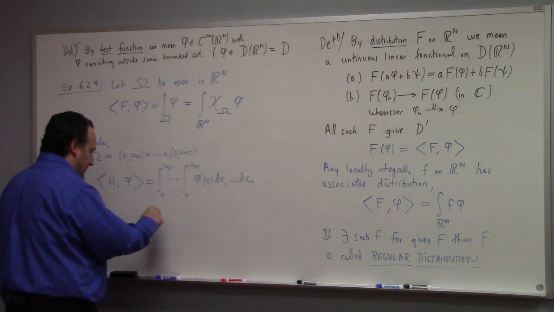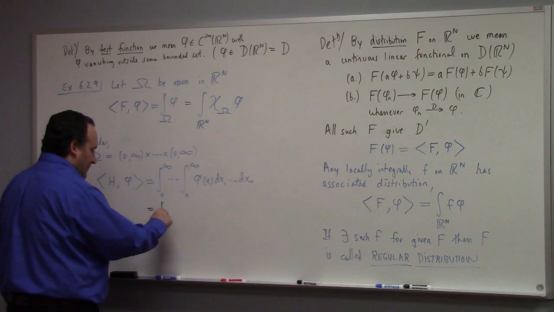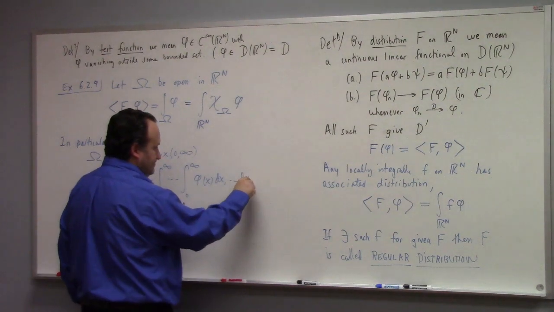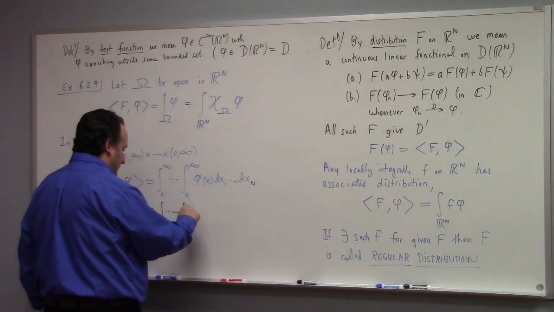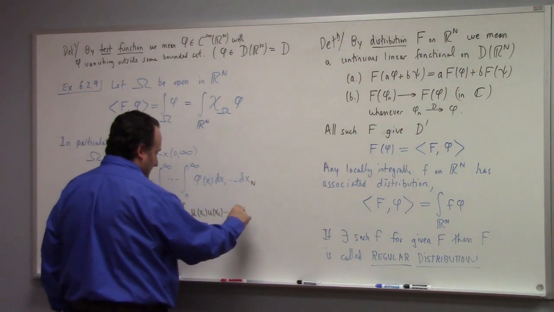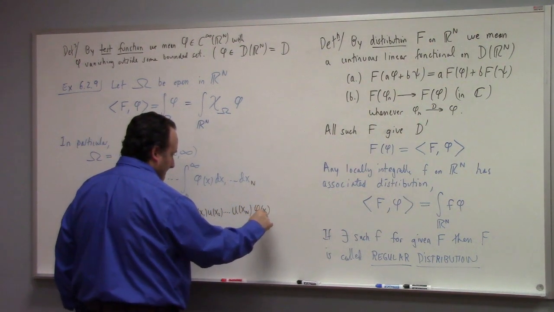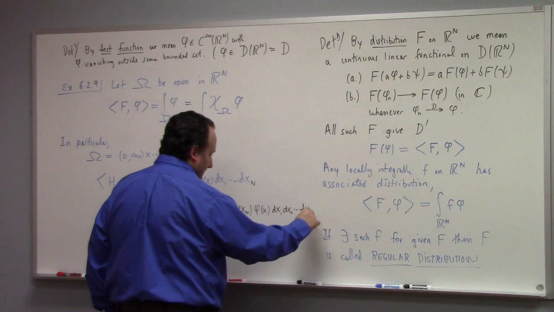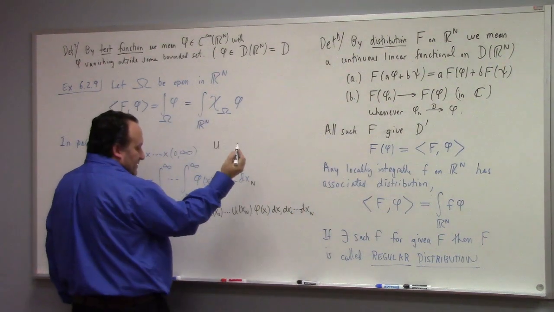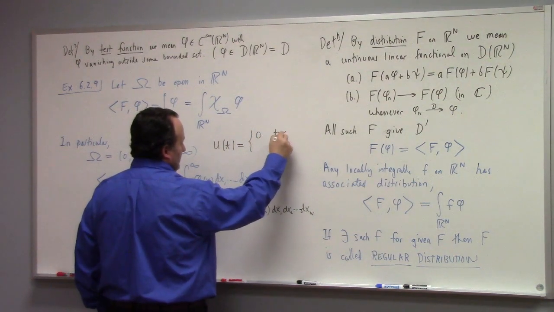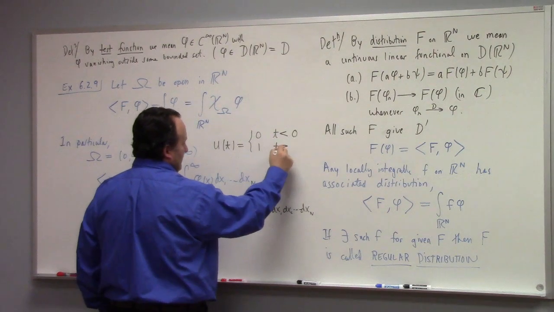So this is actually the integral over R, n-fold times, and my usual notation is u of x1, u of x2, and so on, u of xn, phi of x, dx1, dx2, dxn. Here, I also call it the unit step function, I'll use a t here. U of t is equal to 0 if t is less than 0, and it's 1 if t is greater than or equal to 0.